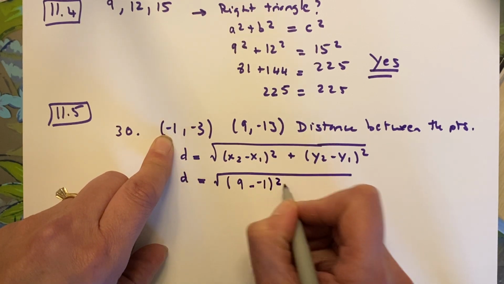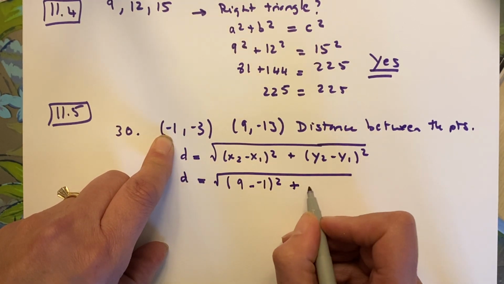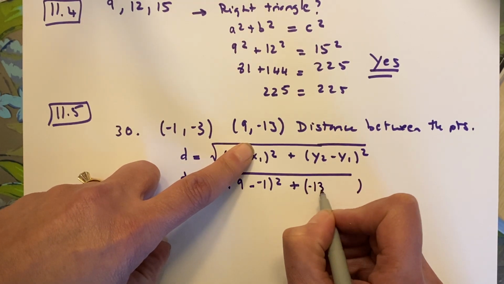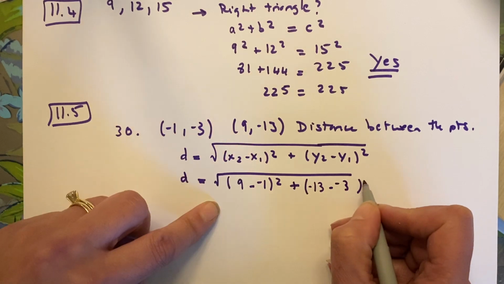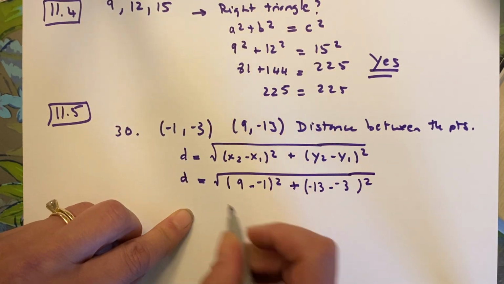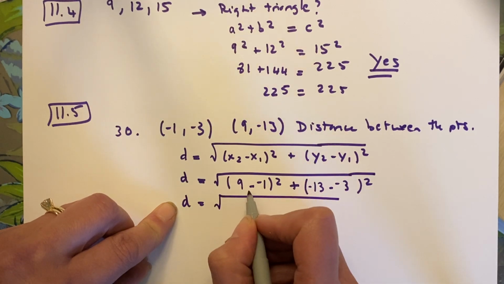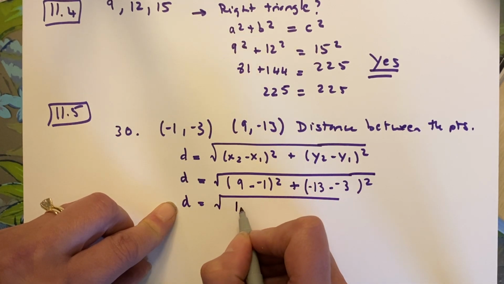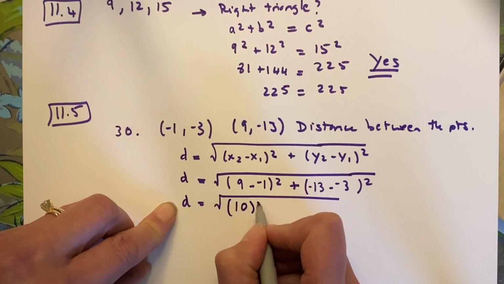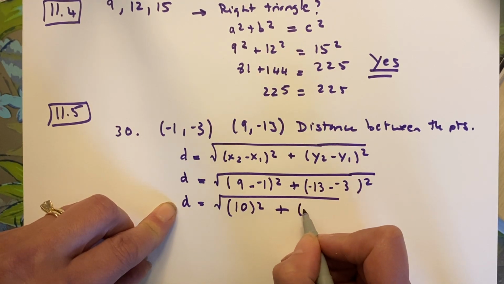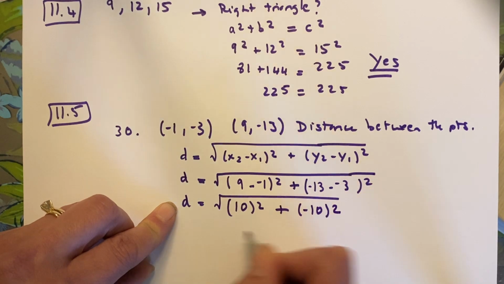Make sure that you write all this out and don't skip steps to protect you from mistakes. And here, -13 minus -3 squared. Well, then I end up with d equals the square root of 9 plus 1, which is 10 squared, plus -13 plus 3, which is going to give me, again, -10 squared.